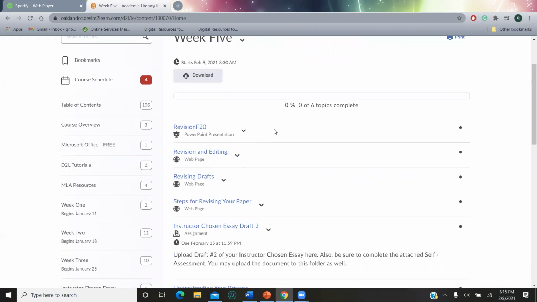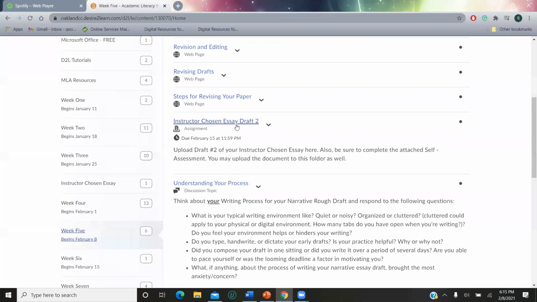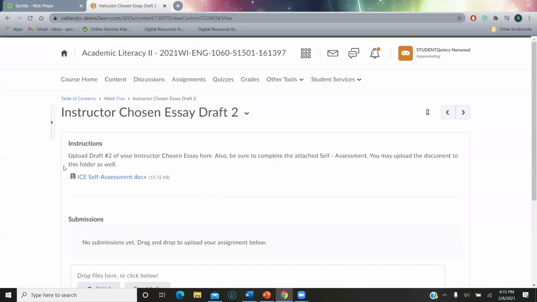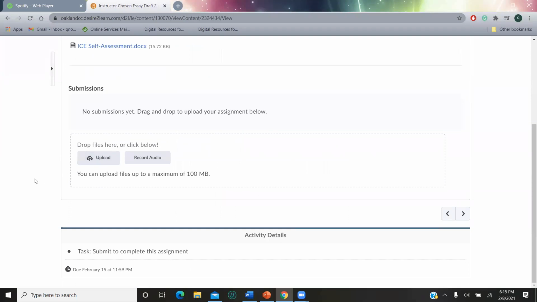One is the second draft of your instructor chosen essay, and that is due a week from today. Okay, and you can use this assignment folder, right? Just upload it. One thing that I want to suggest to all of you is when you get your draft back from me, it's going to have my feedback on there.